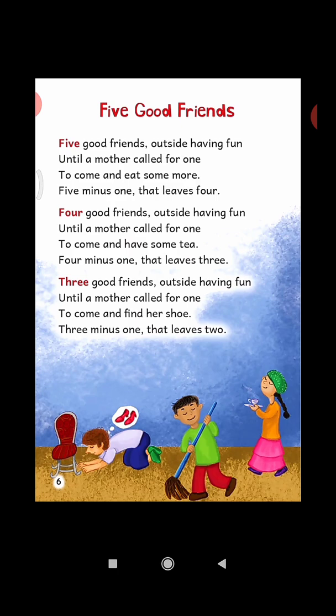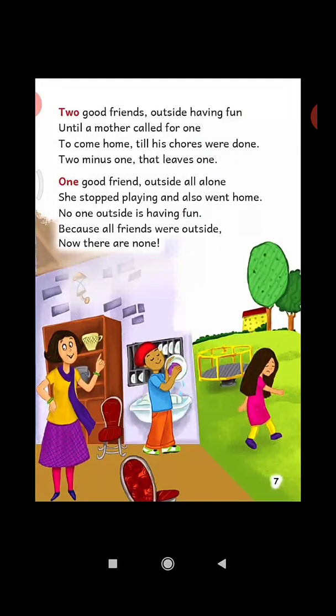3 good friends outside having fun until our mother called for one to come and find her shoe. 3 minus 1, that leaves 2. 2 good friends outside having fun until our mother called for one to come home till his chores were done. 2 minus 1, that leaves 1. 1 good friend outside all alone, she stopped playing and also went home.